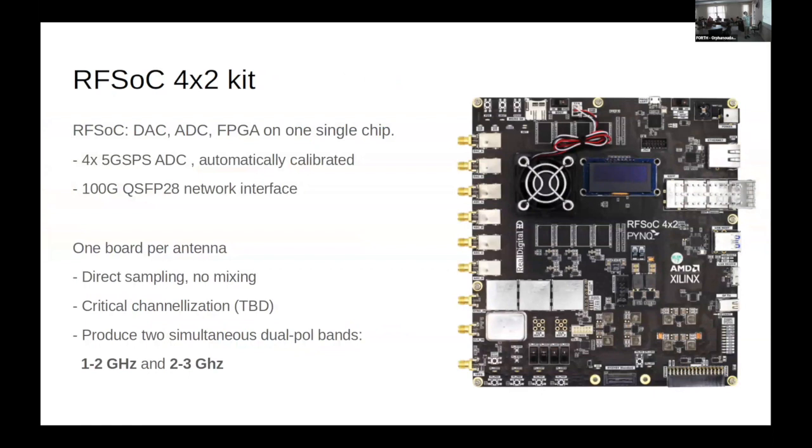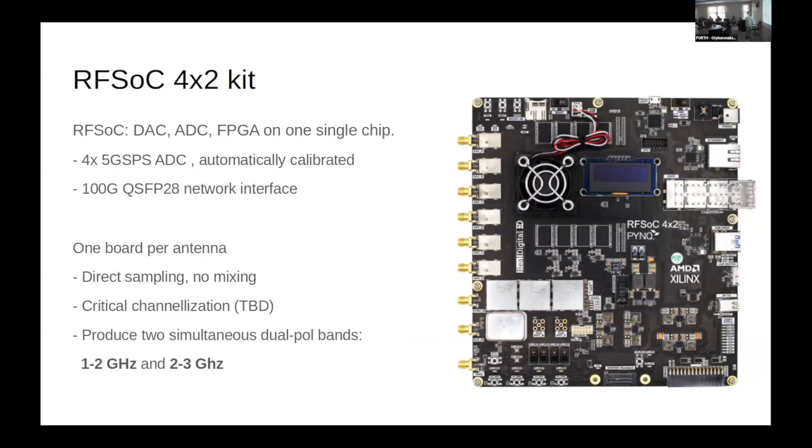The Argos board has the ADC on one single FPGA, with interfaces that are already ready for use for the applications. For our applications, it's crucial that it contains the 5 gigabit per second ADC, which is automatically calibrated, so we don't really need to worry about synchronization. The temperature control is already done at the board.